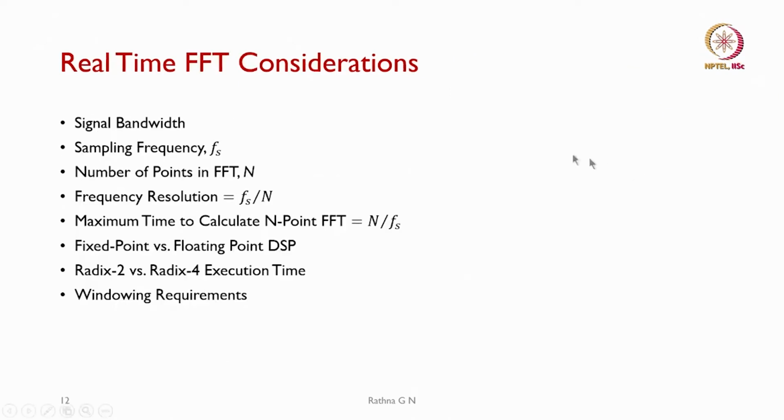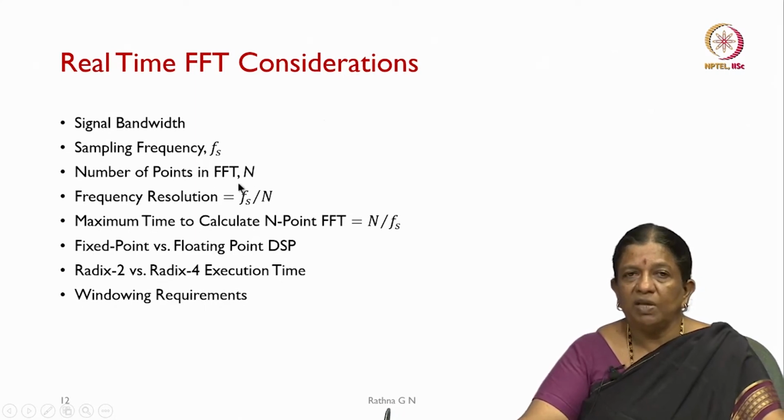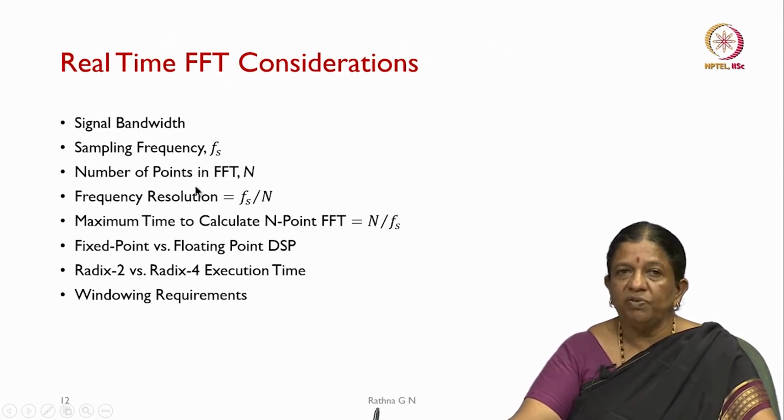Coming to the real time FFT considerations, one thing we have to consider is the signal bandwidth, our sampling frequency, the number of points n of the FFT we want, and what the resolution is. We have seen the DFT resolution, which we need as Fs by n, and the maximum time to calculate our n point FFT, which is n by Fs.